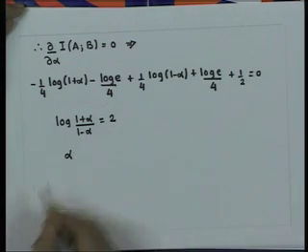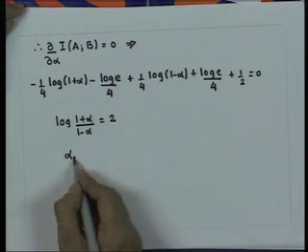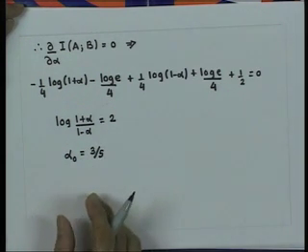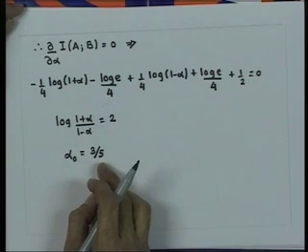Therefore, the optimum value of alpha is equal to 3 by 5.